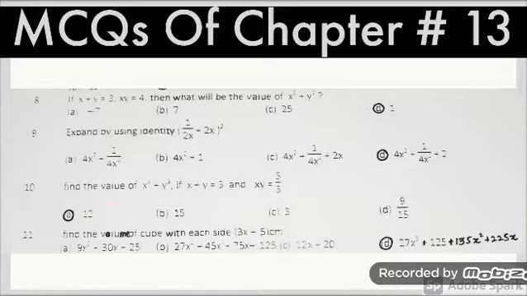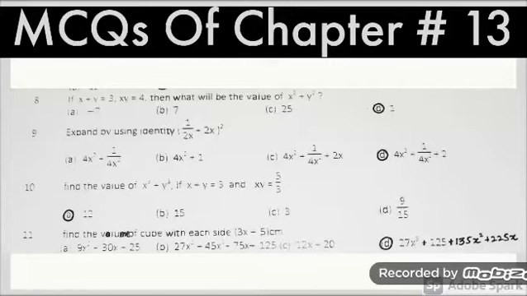MCQ number 11: find the volume of a cube with each side 3x plus 5 centimeter. As you know, the volume of the cube is equal to length multiplied by length multiplied by length. 3x plus 5 is the length of each side of the cube.